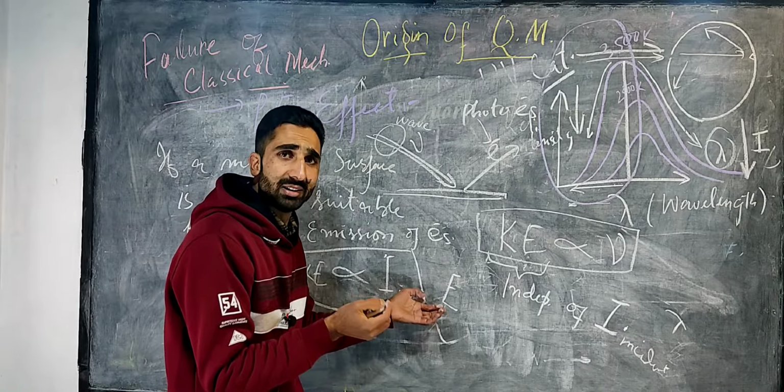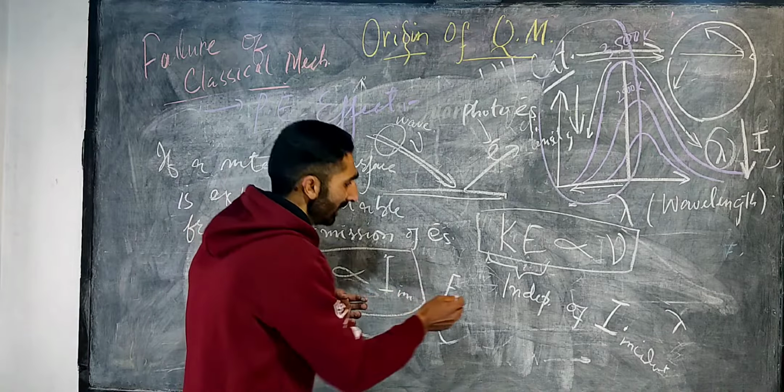This energy is equal to h multiplied by nu, that is the frequency. That means if you increase the frequency for a specific radiation, there will be an increase in the energy. Energy is proportional to the frequency of the emitted radiation: the more the frequency, the more the energy present inside it.